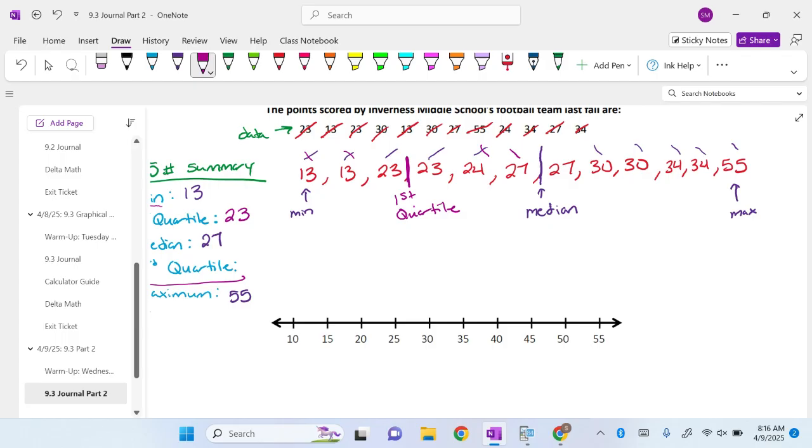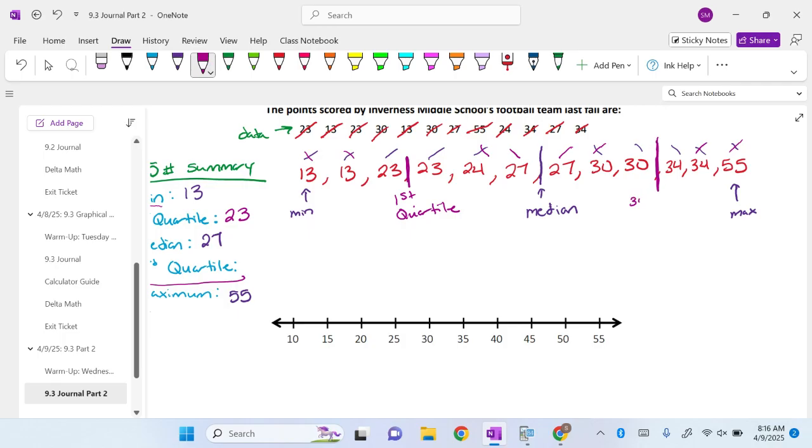Did you guys find it? What is it? 32. How'd you get 32? Right. So when you did the median of both, you ended up going between 30 and 34.